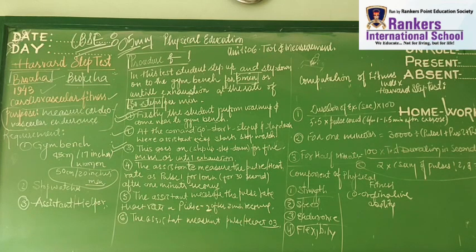It is a simple test that uses a platform about 20 inches tall for men, a stopwatch, and an assistant or a mentor. The participant is asked to step up on the platform and down again at the rate of 30 steps per minute, one step every 2 seconds, for 5 minutes continuously or until the exertion of the player.